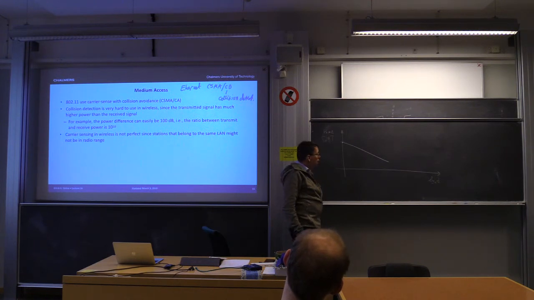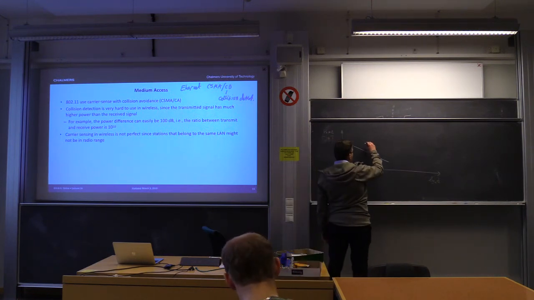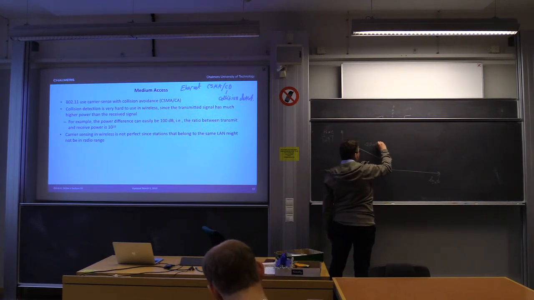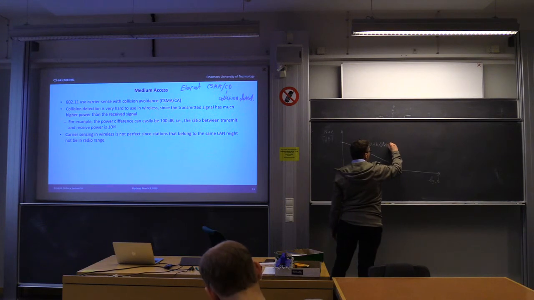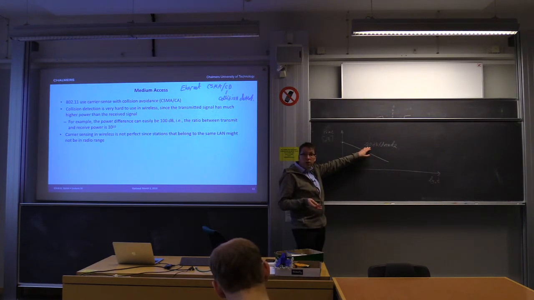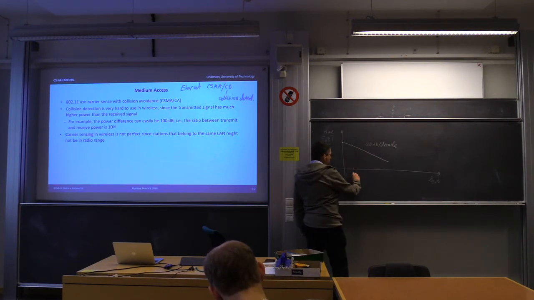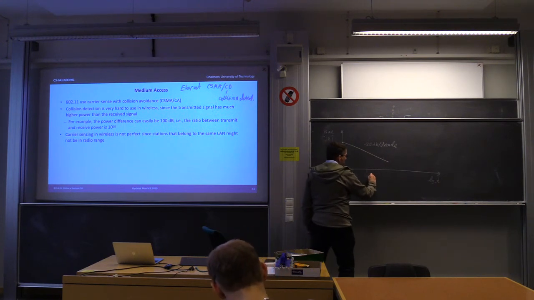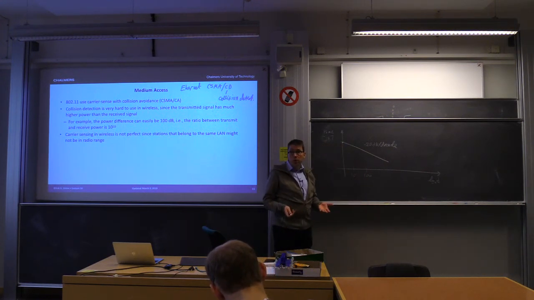Typically we lose minus 20 dB per decade. So we lose a factor of 100, going from 10 meters to 100 meters, we lose 99% of the power. So power drops down quite a lot.